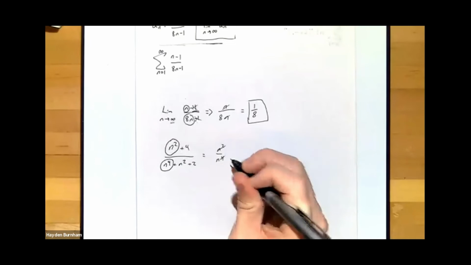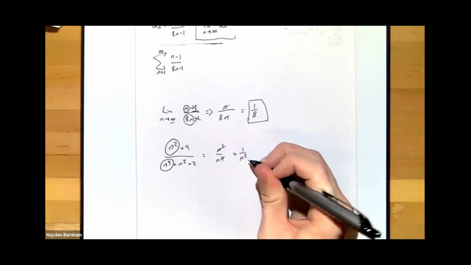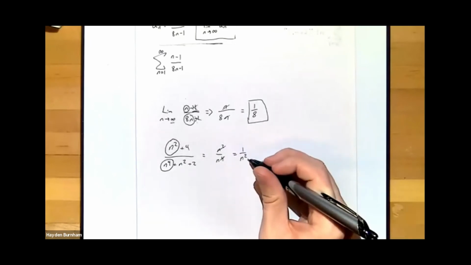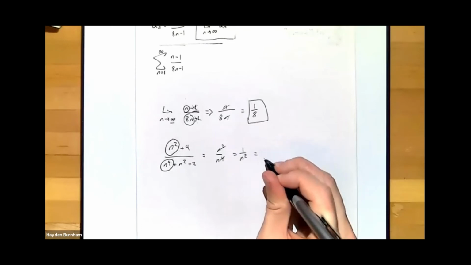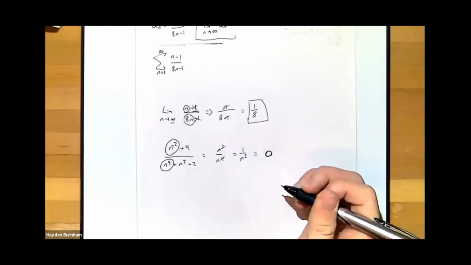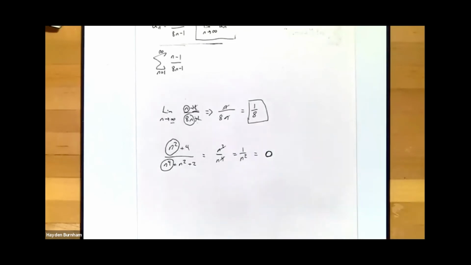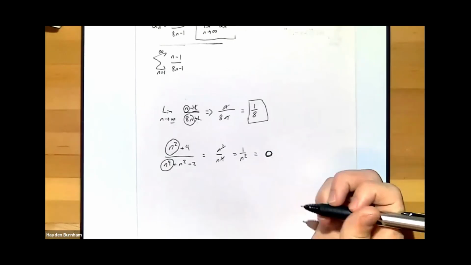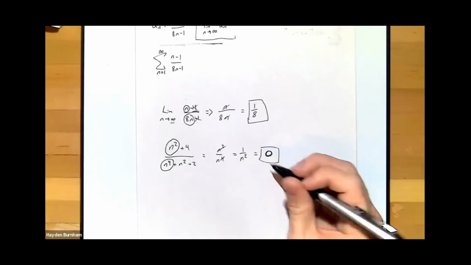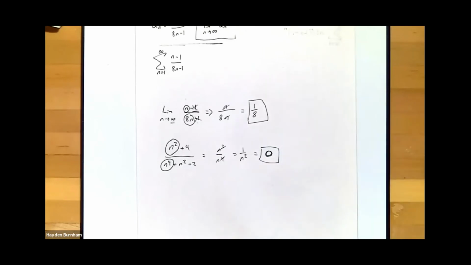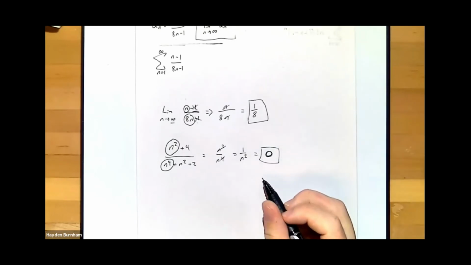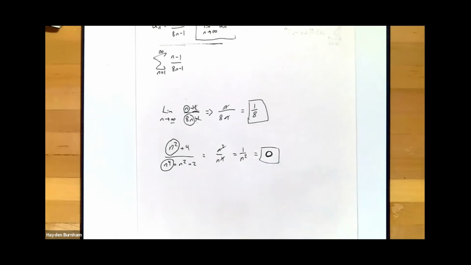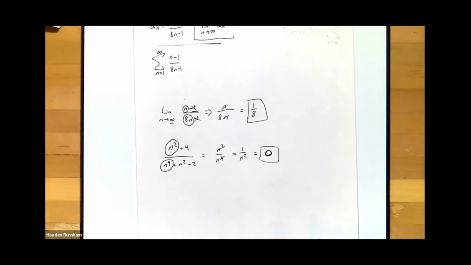Okay, so this can cancel out with 2 of these, but you're left with 1 over n squared. And as n goes to infinity, that's basically 1 over infinity, which is 0, or a number so small it's basically 0. So that's one trick that can help you out a lot and give you an idea of how things work.